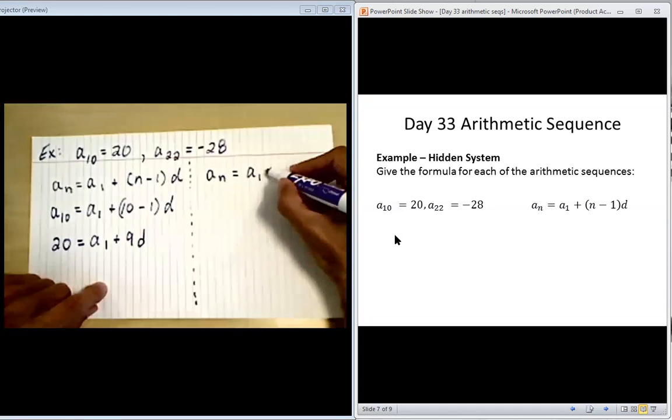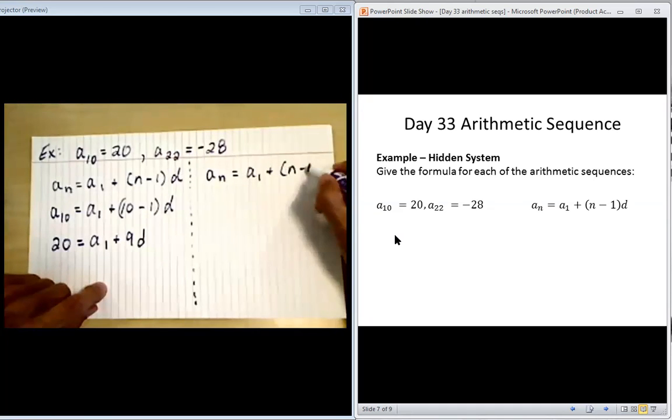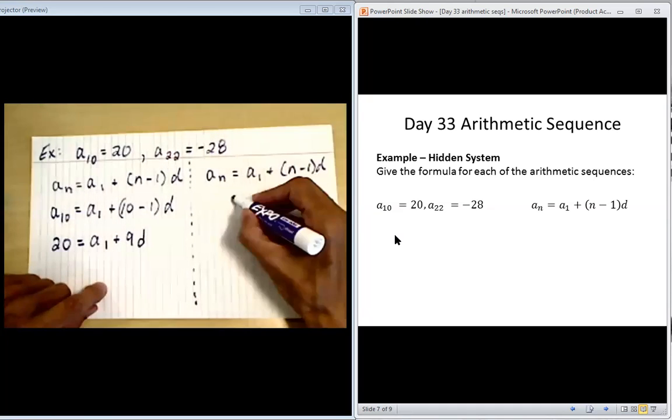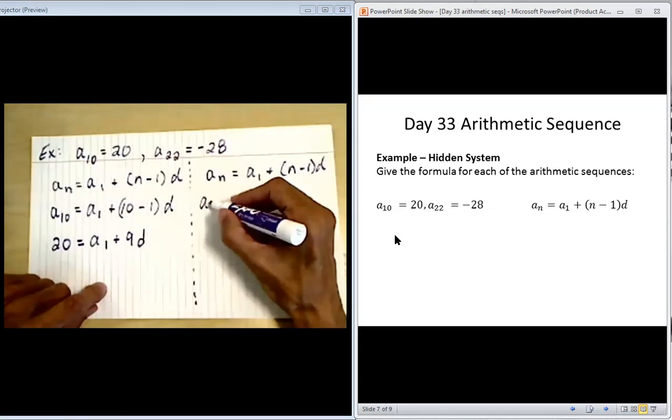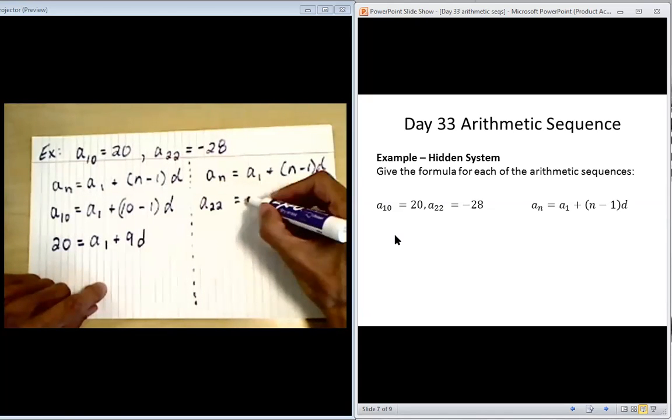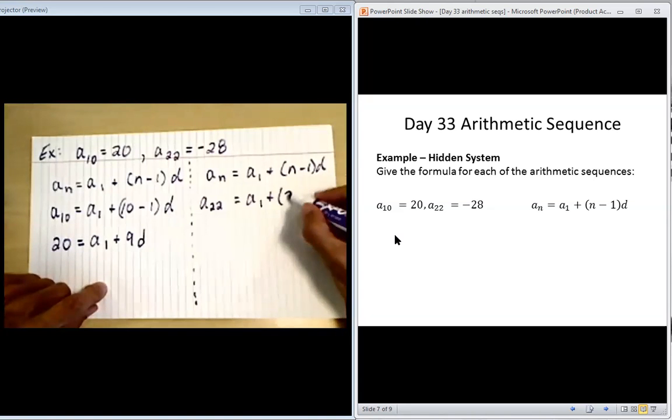So we substitute those in there. N is 22. A1 stays. And D is still missing. We don't know what it is.